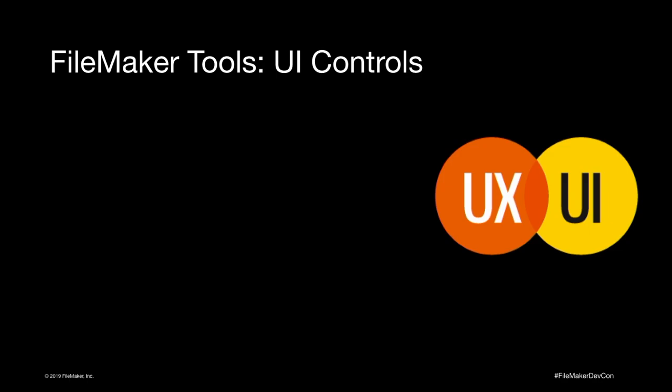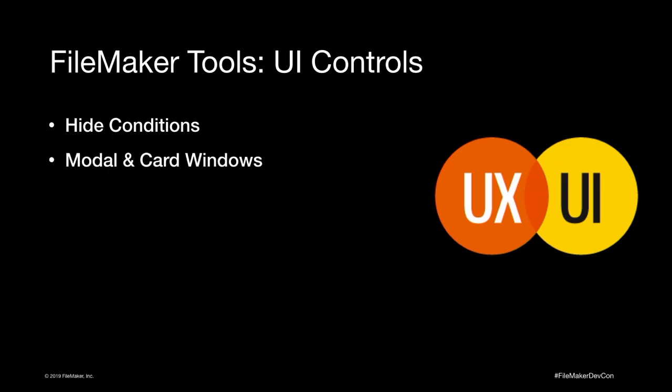FileMaker provides us with an extensive suite of UI controls. Hide conditions allow us to easily prevent things that shouldn't be possible, rather than telling the user that they don't have permission. It just makes for a better experience, right? Modal windows have allowed us to control processes for a while now, but cards are far more elegant in my opinion, and they're more consistent with other familiar user experiences, such as online interactions and mobile apps.